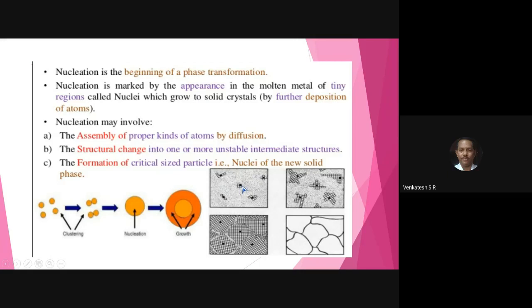Nuclei appear, grow in size, attract the neighbor nuclei and form the critical sized particle or crystal, and in the same way attract the neighbor nuclei to the crystal already grown and form the structure, and this is the grain boundary of the crystal. From this only you can identify whether the metal has BCC structure or FCC structure.